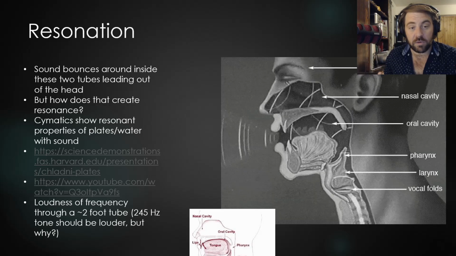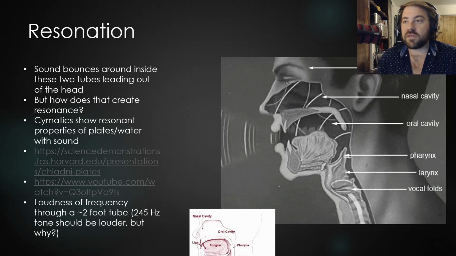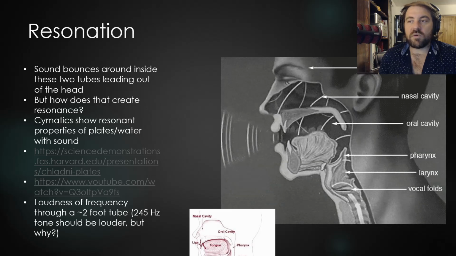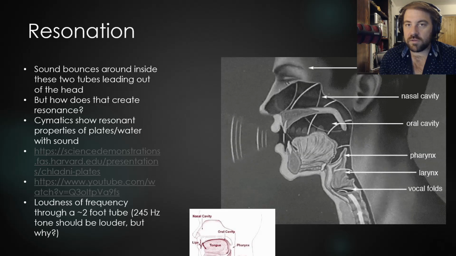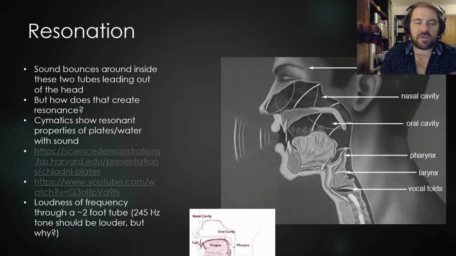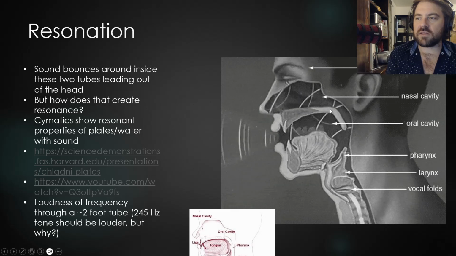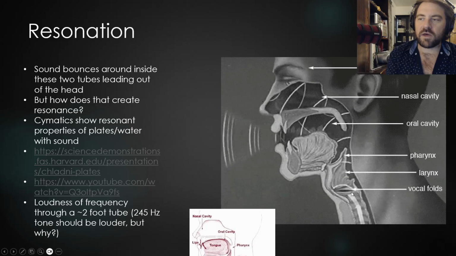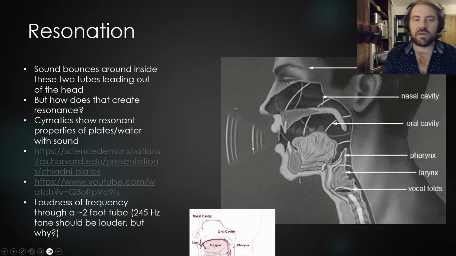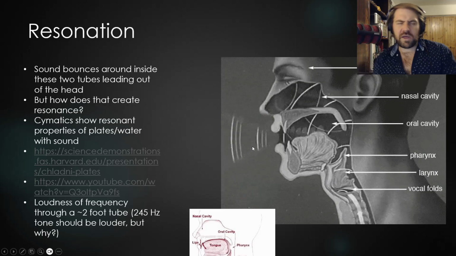But for now, essentially you can think of the mouth as a tube. And of course, there's kind of two tubes. If your velum is up and this is closed off, there's just one tube. It comes up here, comes out here. It has a curve in it, but that's okay. It's basically a tube.